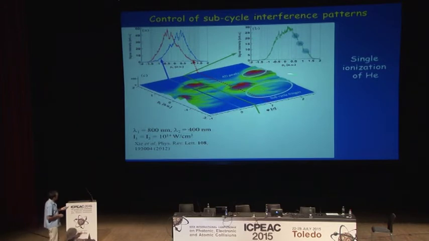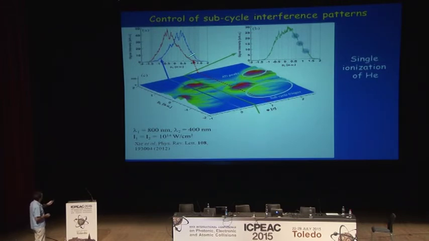So this second pattern, the intracycle pattern, is more evident for two color phases equal to multiples of semi-integer values of pi. So here, for example, I show this momentum distribution for pi over 2. And these steps here are evidence of these double slit interference structures.